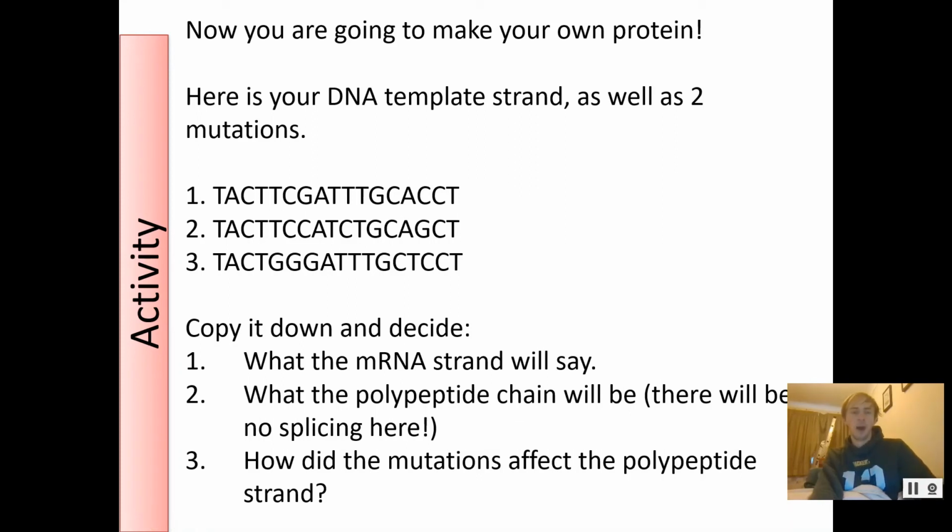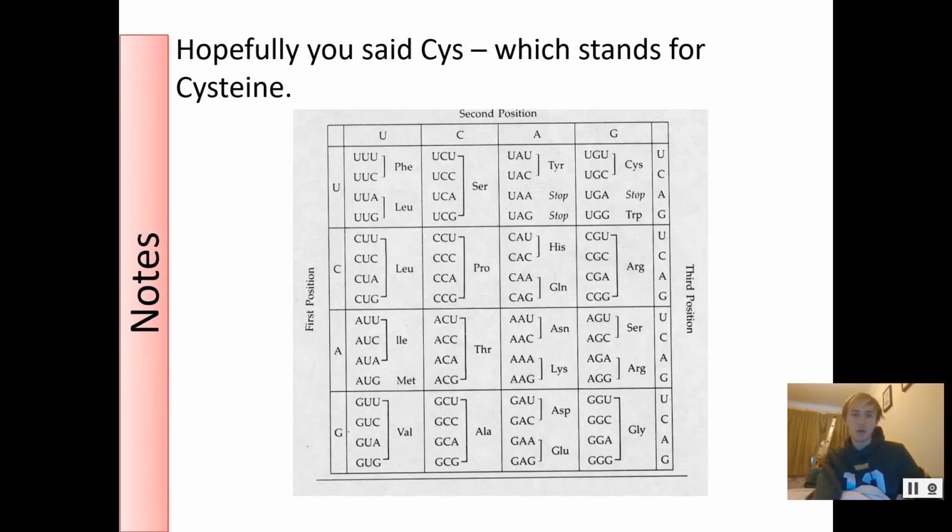So that's a template strand, which means the mRNA will be complementary to that strand, because the bases will attach to that strand. So the first 3 bases on your mRNA will be AUG. And AUG, if you flick back here, will be methionine, and it is down here.